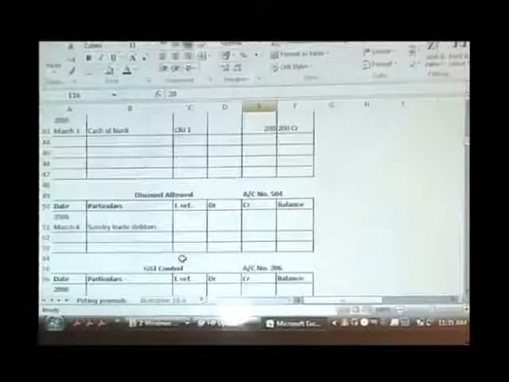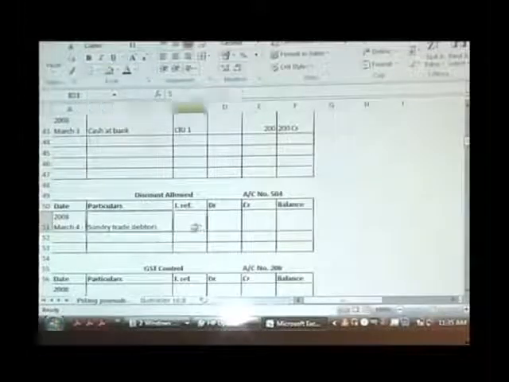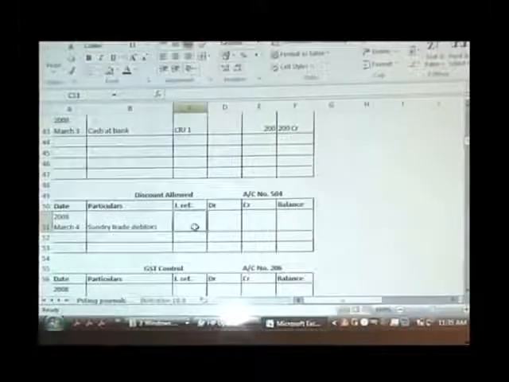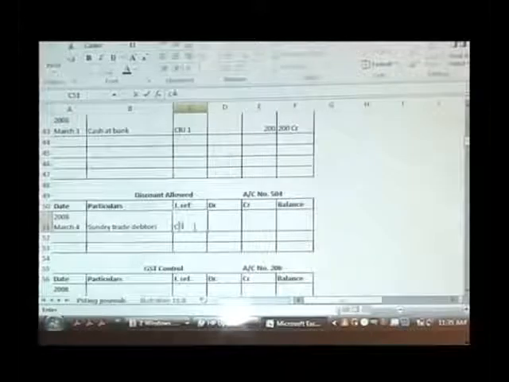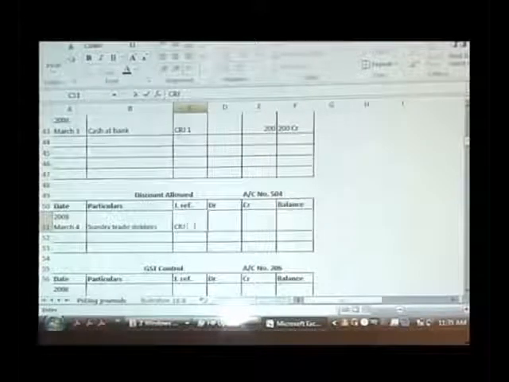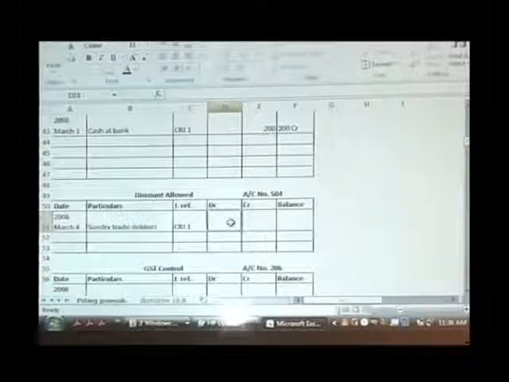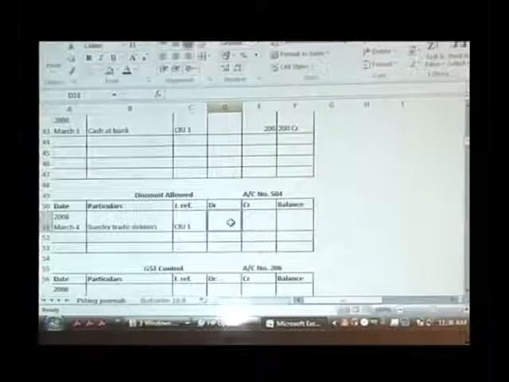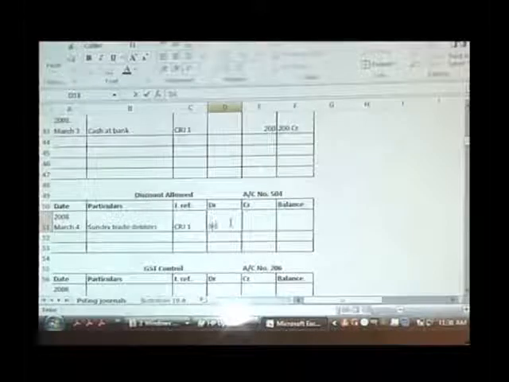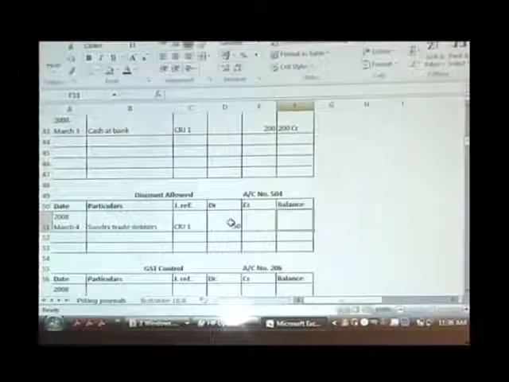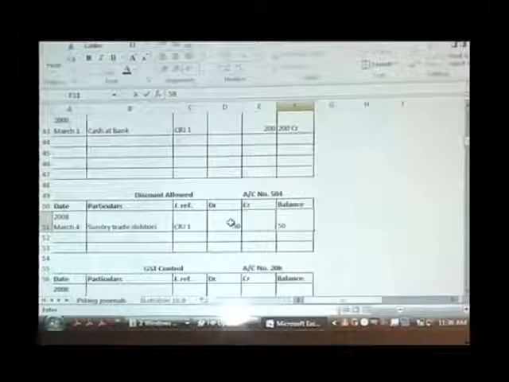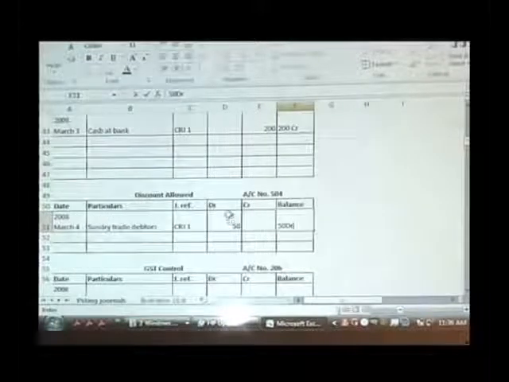Therefore, we just write sundry trade debtors, and the journal reference is again CRJ1. Discount allowed column, debit 50, that is the total, and extend that amount to the balance column, debit balance of 50 kina.